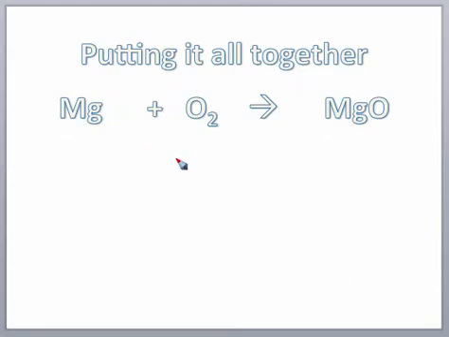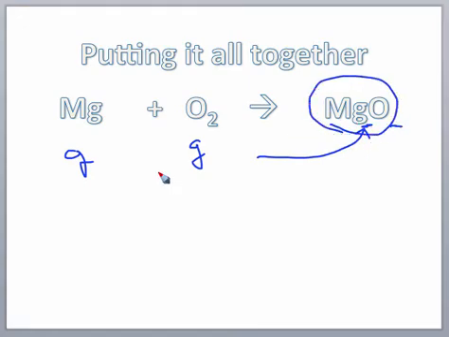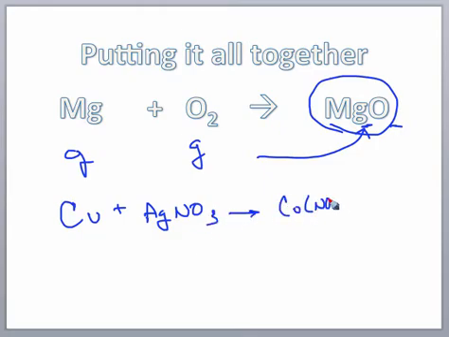Alright, so again, the whole point of this lab was to figure out how many grams of this and how many grams of that we had, so we could figure out the mole ratio of magnesium and oxygen in the formula. What we're going to do in the copper lab is take copper, and some of you have already done this, and silver nitrate, and we're going to form products, and we'll talk about how we do this later.